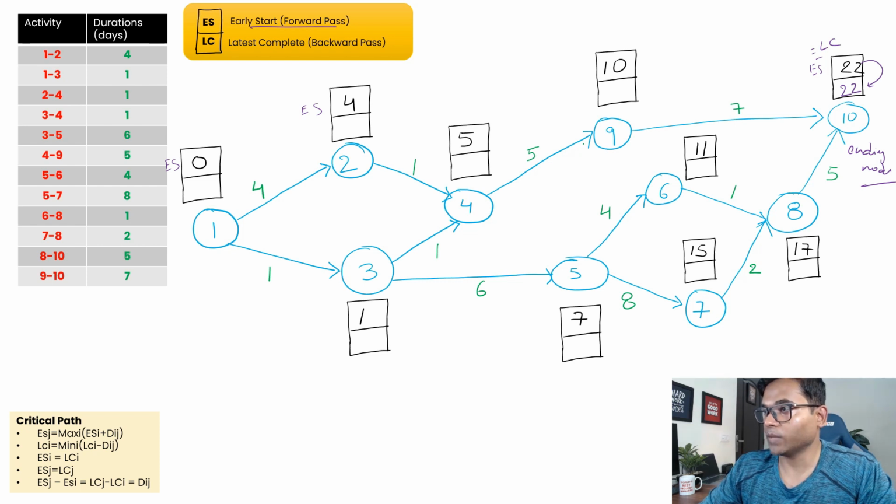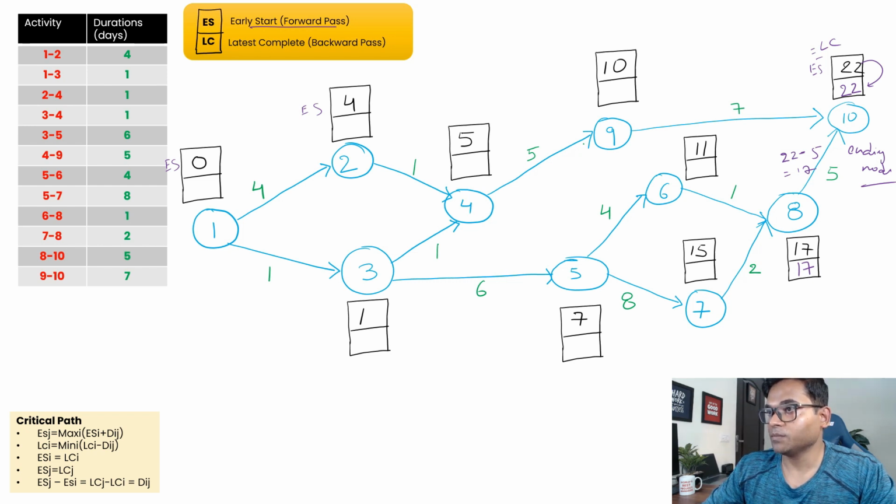So now let's start our backward pass calculation. Okay, so if we go down, where the two paths are coming in, one is this one, another is 9. So if you go down here, 22 was your initial value, and from 22 the duration is 5, so we'll go backward. 22 minus 5 is 17, which basically means the late completion for this node is 17, right?